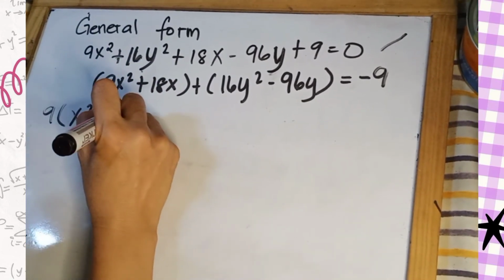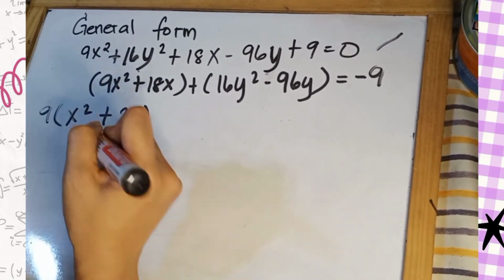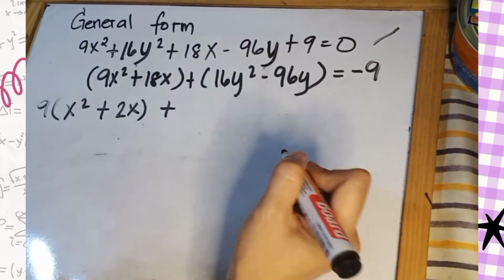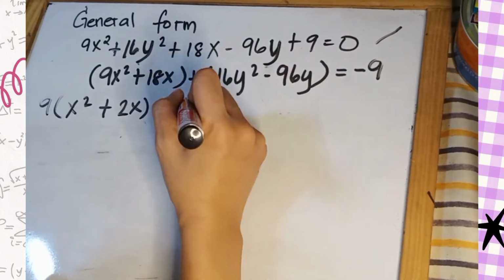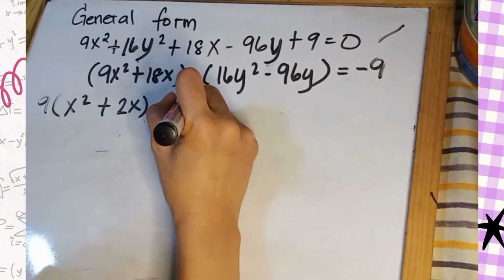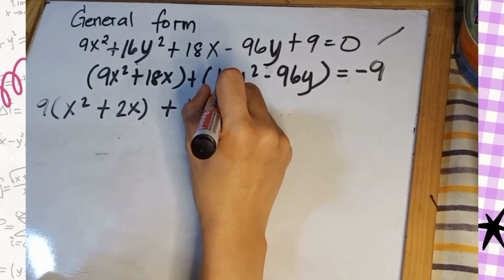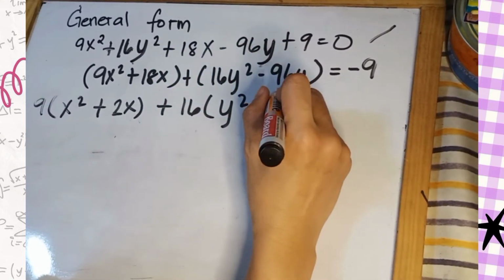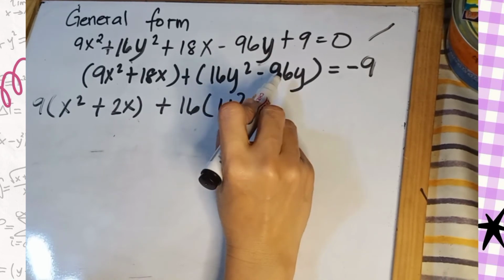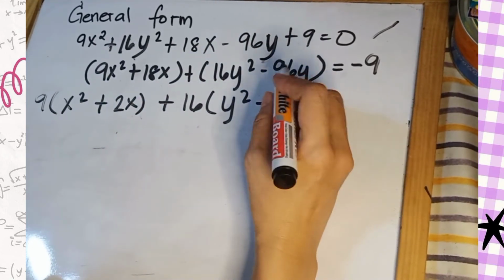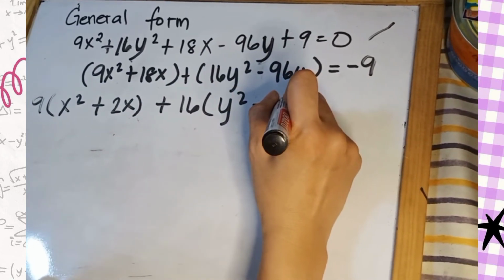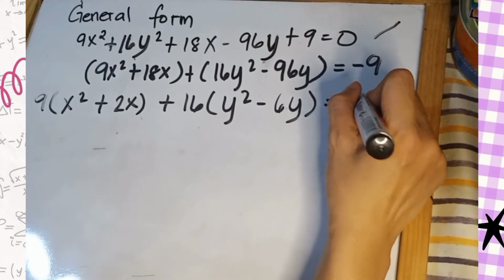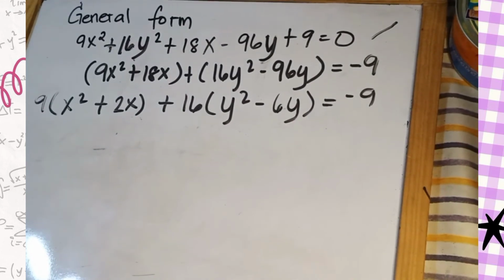So, that is 2x. Alright. Next, sa kabilang side, ang common factor ng 16 and 96 is 16. So, 16y squared divided by 16, that is y squared minus 96 divided by 16. So, that is 6y. And then, let's just rewrite negative 9.